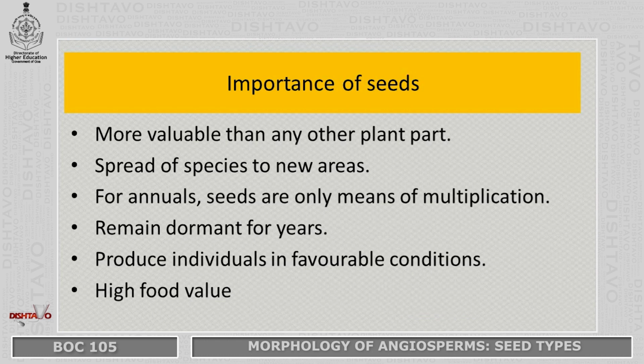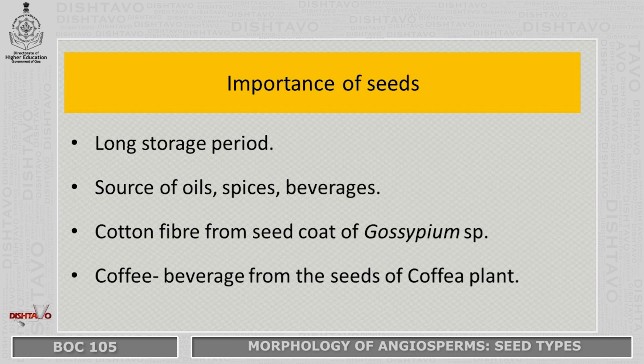Now, why is the seed so important to us? It is more valuable than any other plant part because it helps in the spread of species to new areas. For plants, seeds are the only means of multiplication, and they remain dormant for years and years. They produce individuals only when favorable conditions are available, and the seeds store high food value.